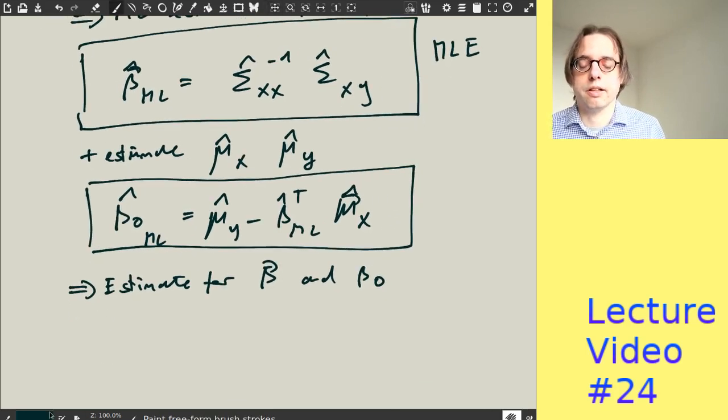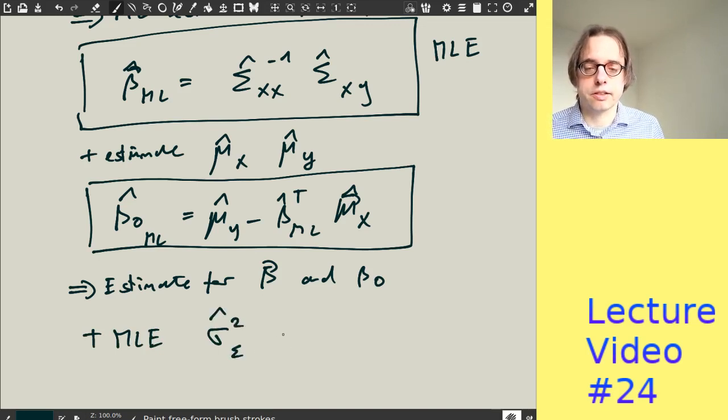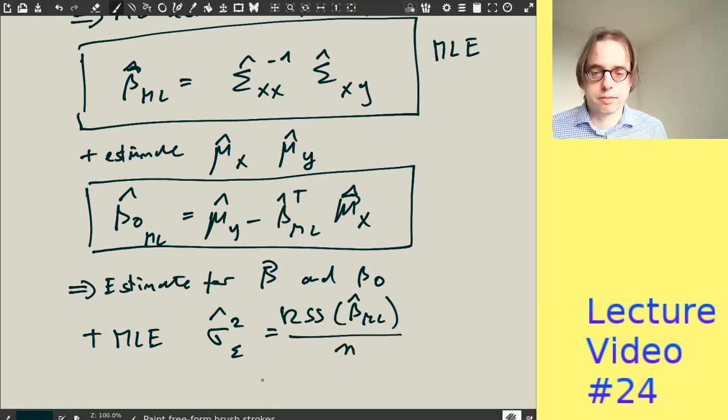And at the same time we get estimates for everything else. So we get the maximum likelihood estimate of the noise error, and that turns out to be simply the residual sum of squares at the ML divided by n, because it's simply 1 over n times the sum of the differences between y_i minus y hat i.